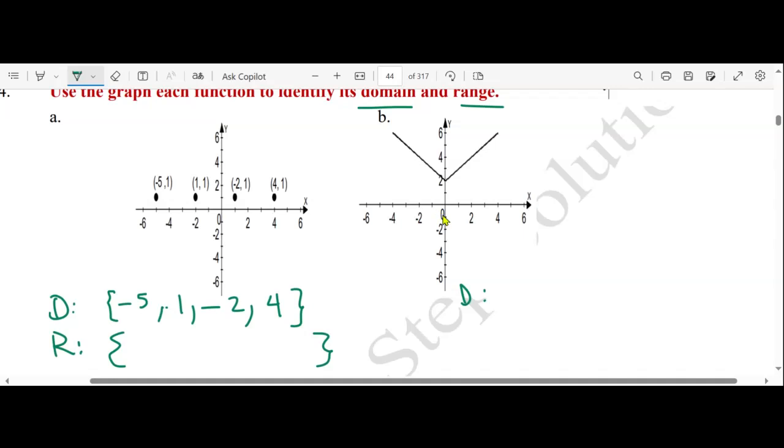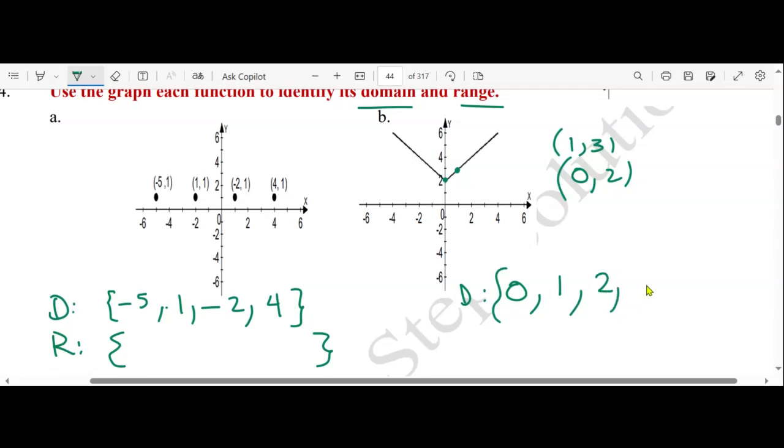Domain is x values. 0. This point is how much? 0 and 2, right? So it's 0. What else? Here, how much is here? 1 and what? 3. So 1. What else do you have?